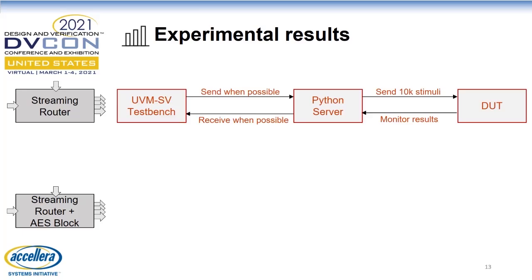For the simple streaming router, without the AES block, we tested the OFC using two different configurations. The first configuration implies sending items from the test bench to the Python server whenever possible. From the Python server to the DUT, items are sent through DMA accesses. A DMA access implies an overhead regarding the time consumption, therefore the less DMA accesses, the faster will be the co-emulation process.